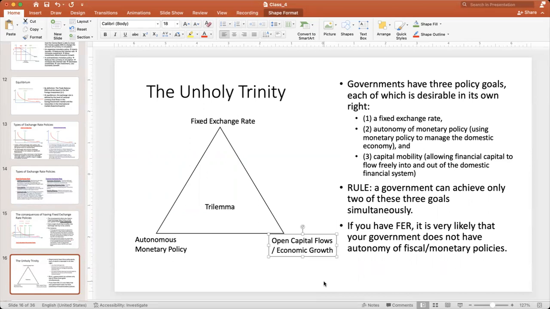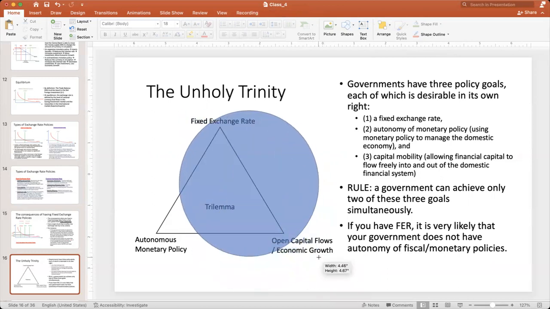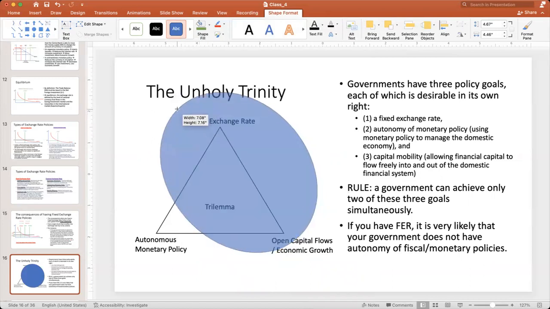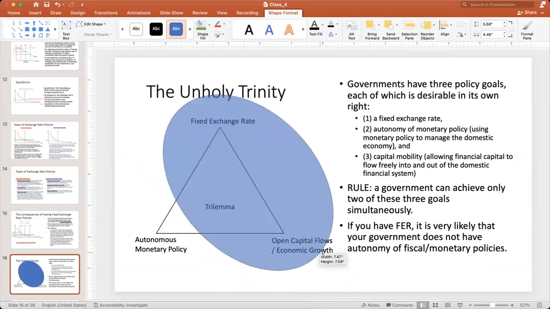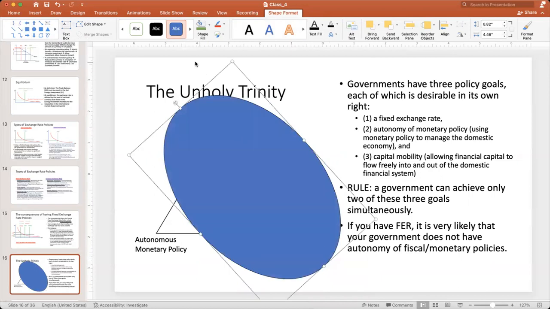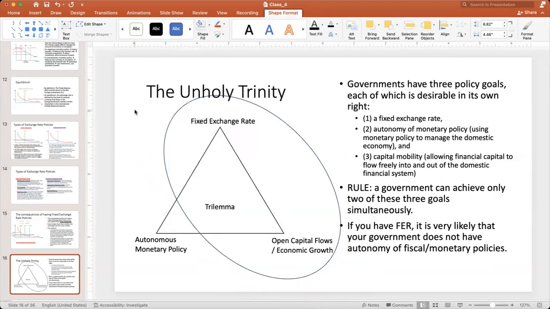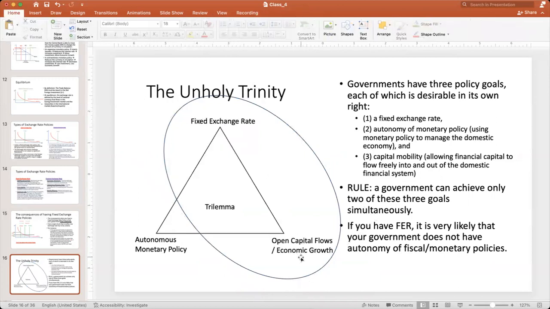Why? Well, imagine an example here. Imagine that the government wants to get a fixed exchange rate and economic growth, with more capital flows.